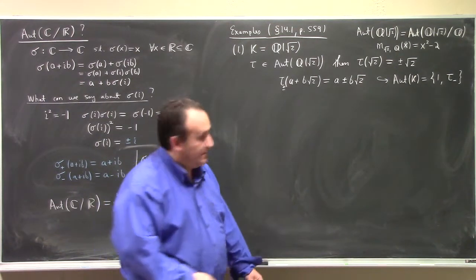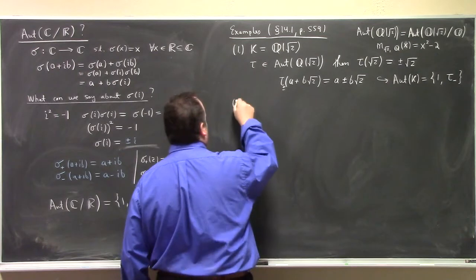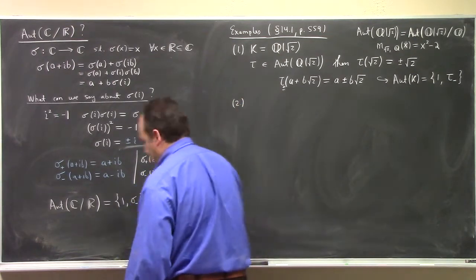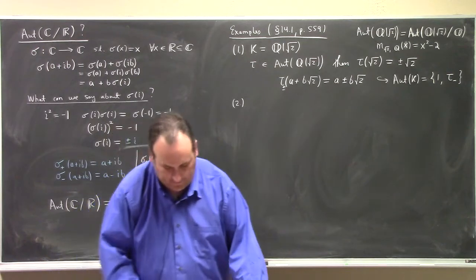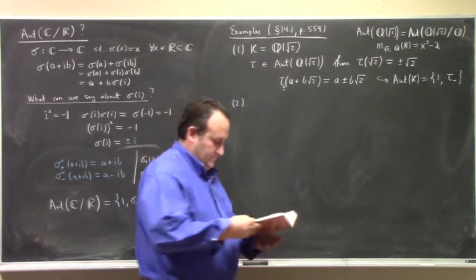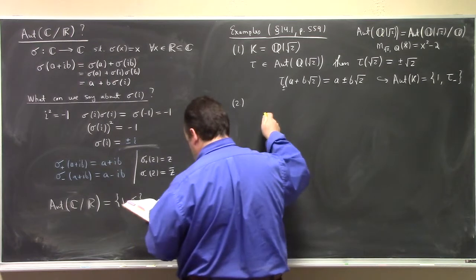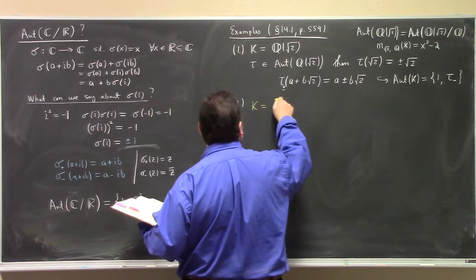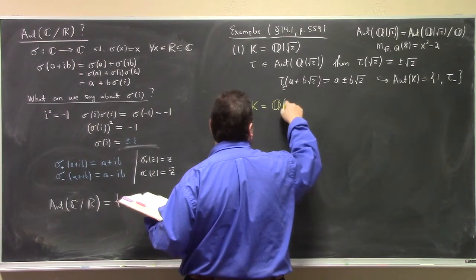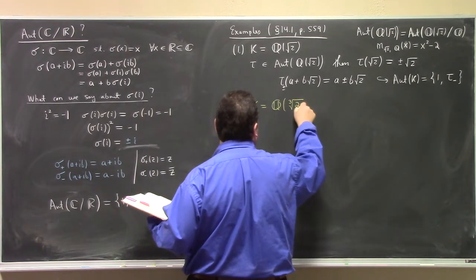All right, now, second example, a little bit more festive. So now we've got K equal to Q adjoin the cube root of 2.